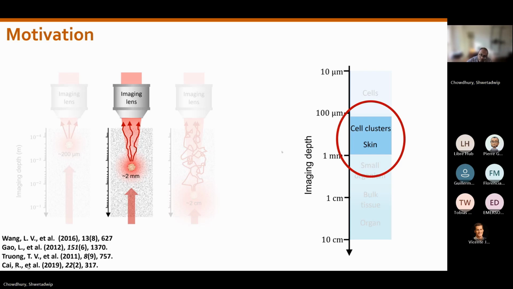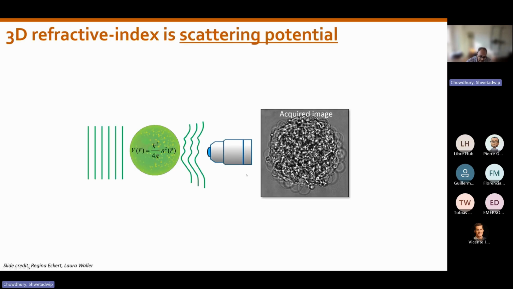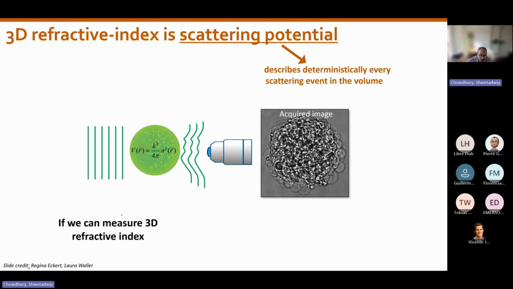Okay, so the major strategy that we use to accomplish this is to understand that a sample's refractive index completely determines how it scrambles light, how it scatters light. So if you had a way to measure or reconstruct the 3D refractive index of a sample, then you should be able to computationally undo all the scattering effects, right?